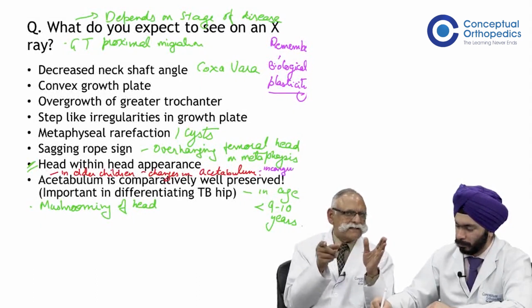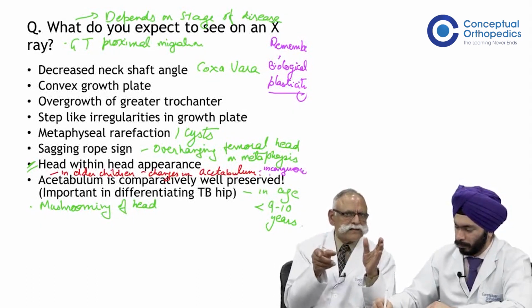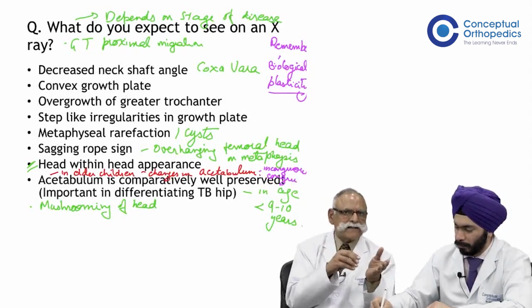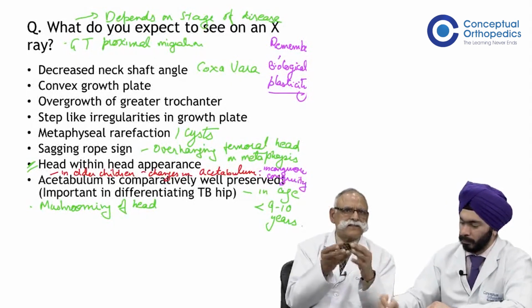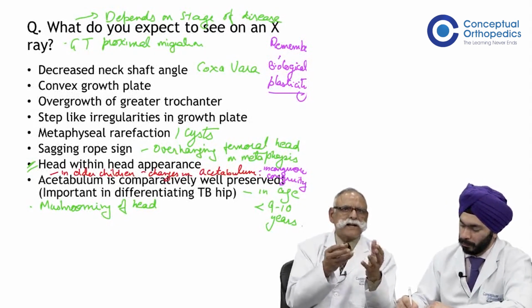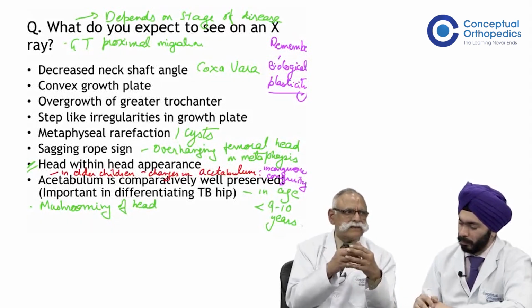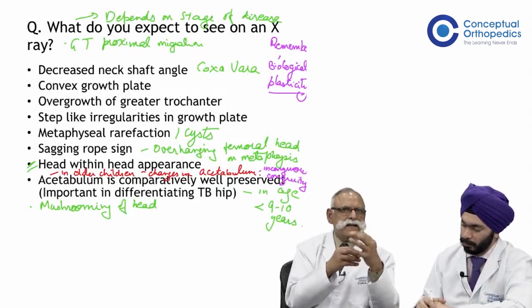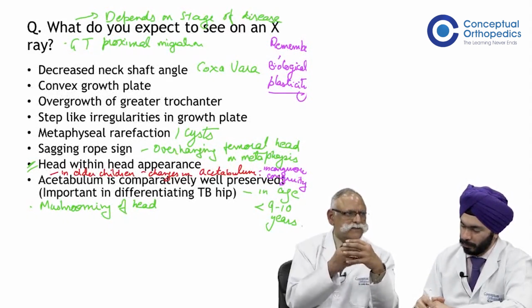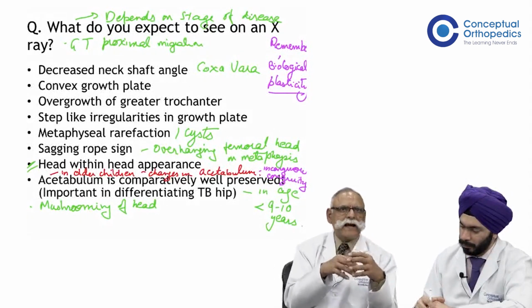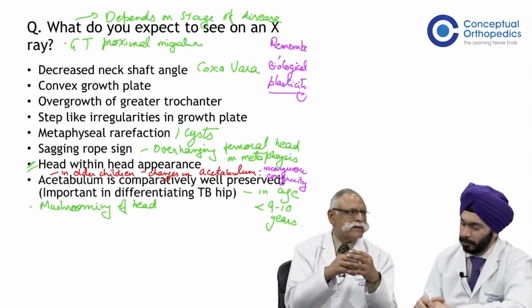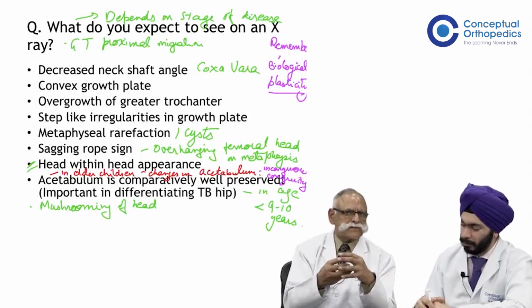Earlier to that, when it is just less than 2 millimeter, the head remains congruous. So this is congruous incongruity, and then finally resulting in an incongruous congruity.